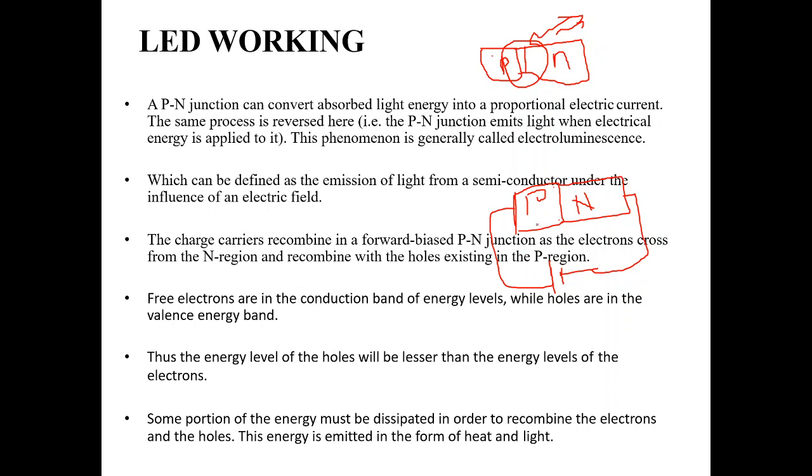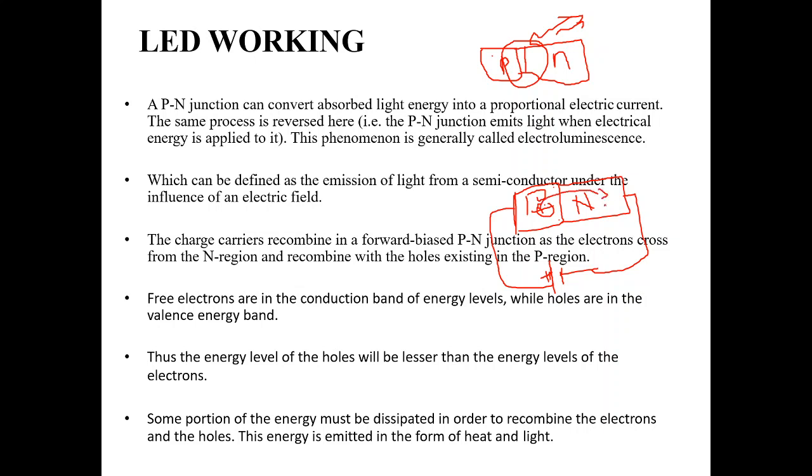Here P has positive charge with respect to holes, and the applied voltage is also positive. There is a repulsion force between these two, the holes and the positive charge. So the holes move from p-type material to n-type material.